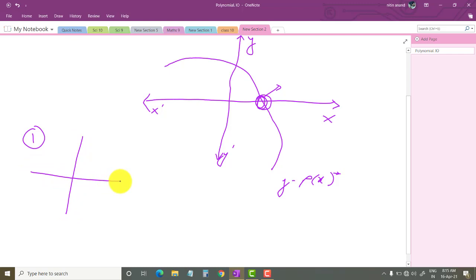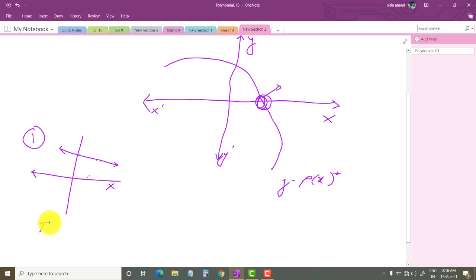This is our axis and this is our graph. This line is parallel to the x-axis, so it is not intersecting the x-axis. This graph is not intersecting the x-axis, so the number of zeros should be 0. That means there is no zero for this graph.